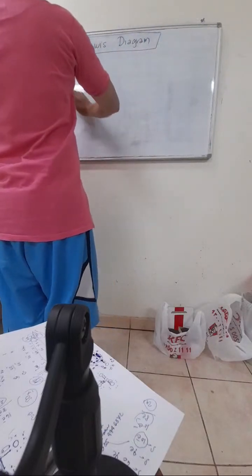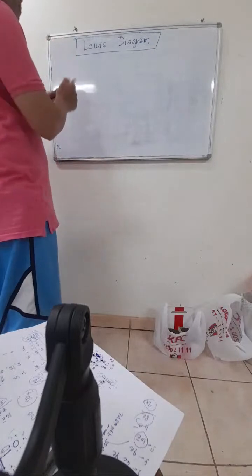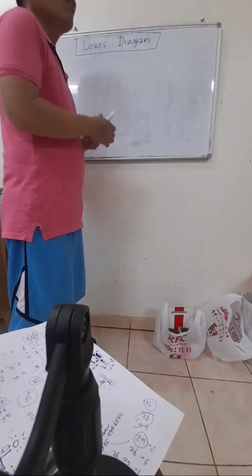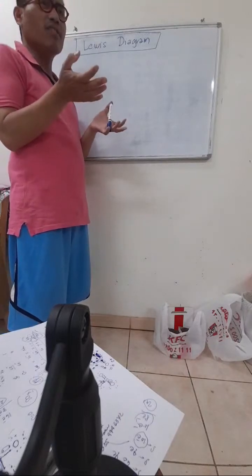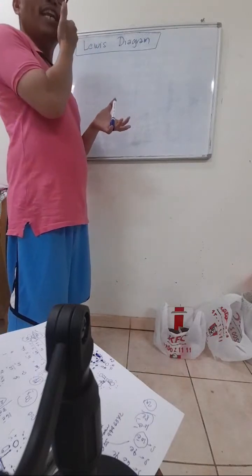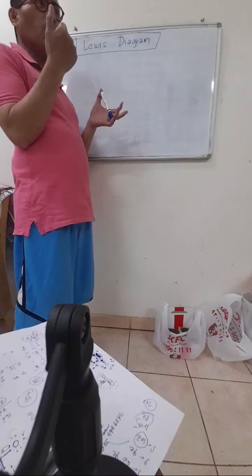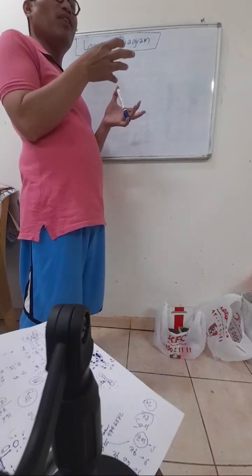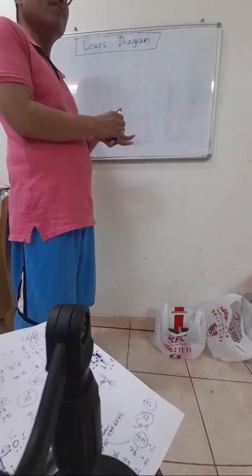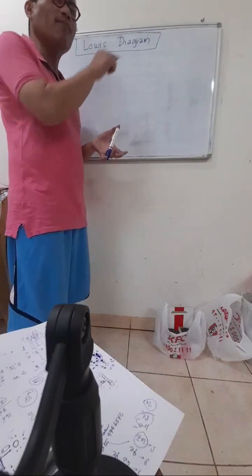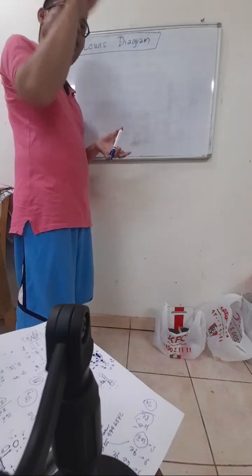Now, the Lewis diagram talks about electrons. So first you need to understand what an electron is all about. Electrons are light particles in the outermost shell of the nucleus, with a negative charge of 1 and a mass of 9.11 times 10 to the negative 31 kilogram.